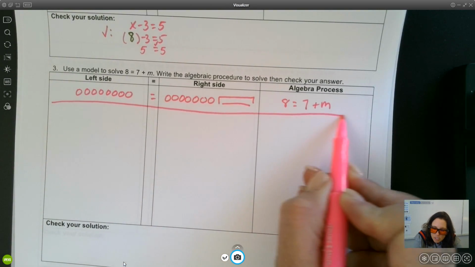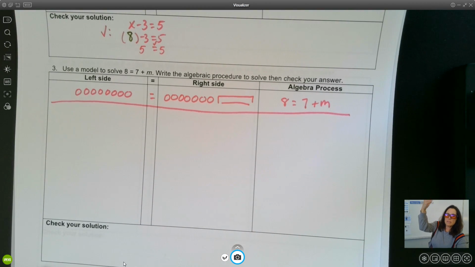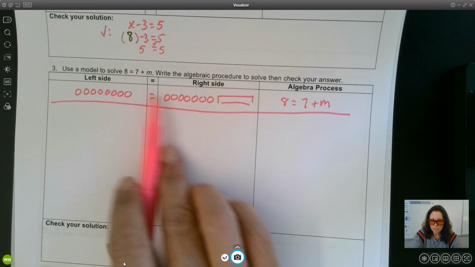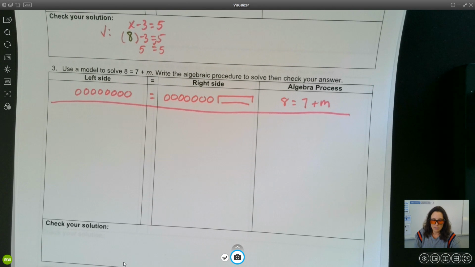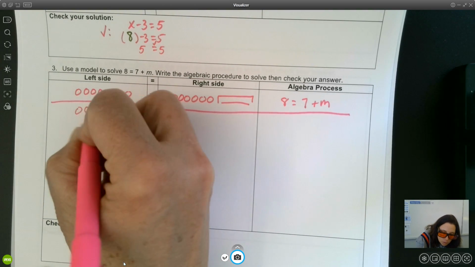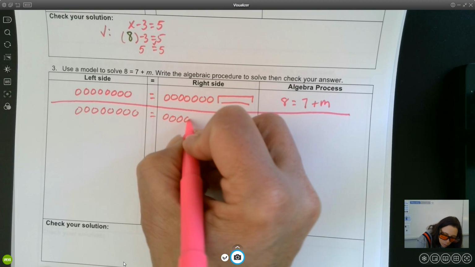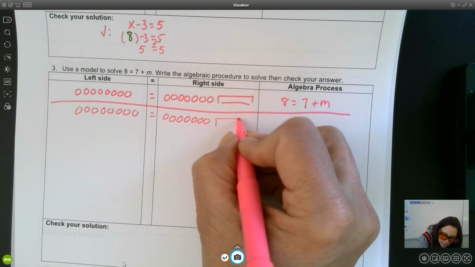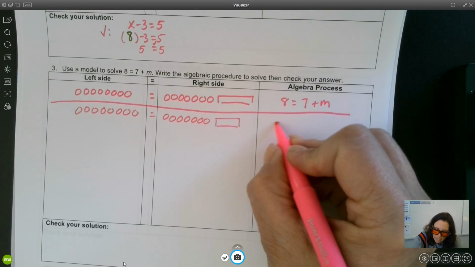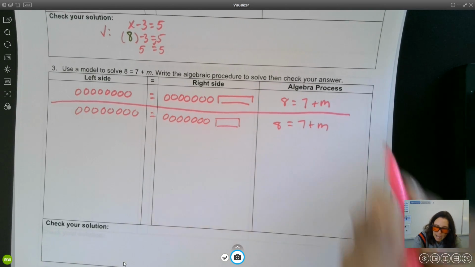Your first step is draw what the numbers and letters represent with tiles. Your second step has always been copy what you have here: 1, 2, 3, 4, 5, 6, 7, 8 equals 1, 2, 3, 4, 5, 6, 7, and an m. So I copied exactly what I have.